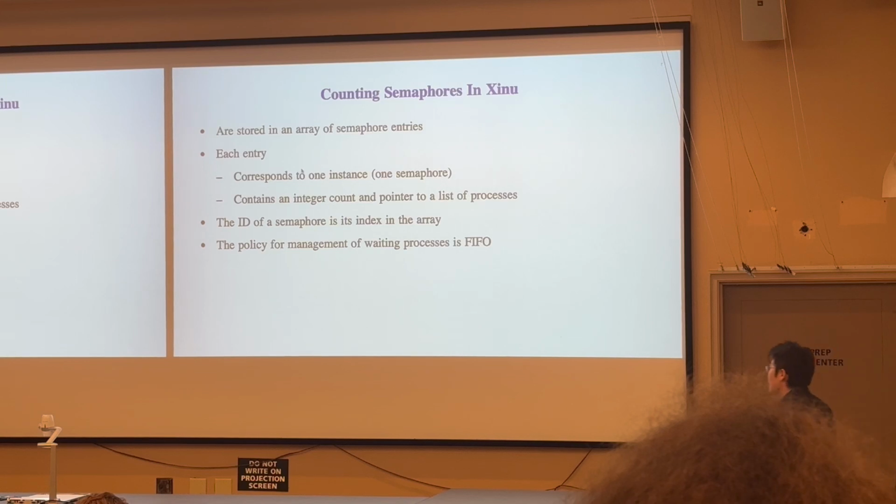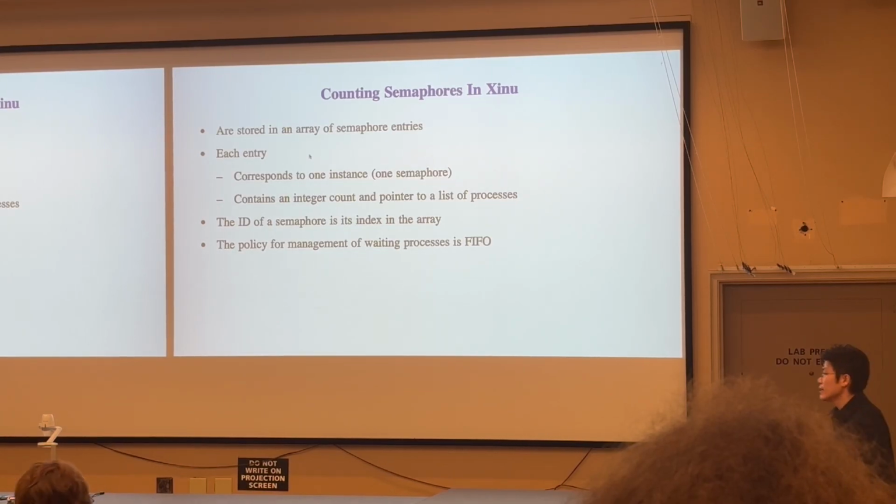Okay, so this is the part that everyone hopefully needs to understand in Linux, right? So how semaphores are really implemented in Linux. If you look in the Linux source code, if I remember correctly, there is a data structure called semtab. Similar to proctab for processes, you have a semtab for semaphores.